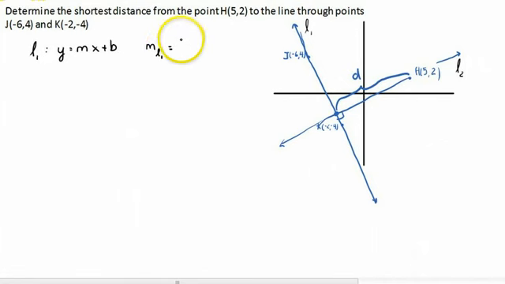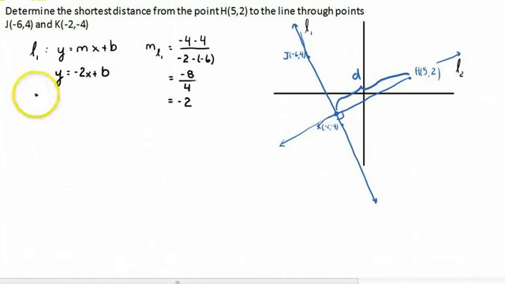is equal to, and we're going to say -4 minus 4 over -6. Sorry, not -6, pardon me. -2 minus -6, which is going to give me -8 over +4, which is going to give me -2. So therefore, if we now know that line 1 has y equals -2x plus b, I can sub either of the points from that line, which would be (-6, 4) or (-2, -4).